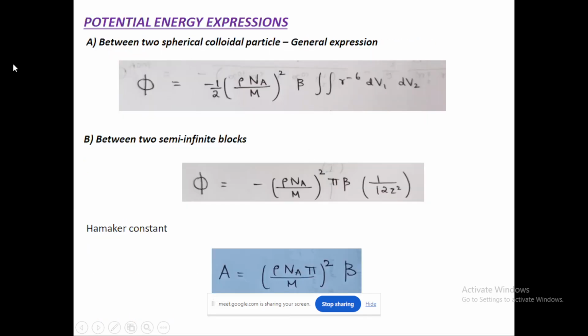So between 2 spherical colloidal particles, the general expression is minus half rho Na by m the whole square beta double integral r power minus 6 dv1 dv2. So what is this beta?